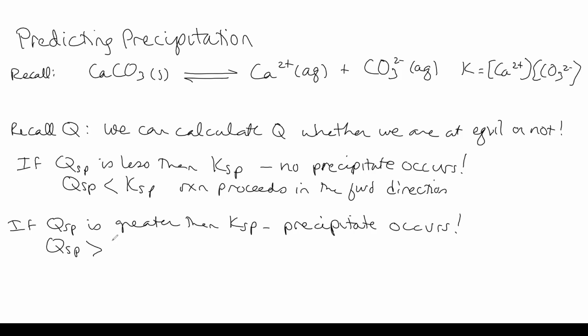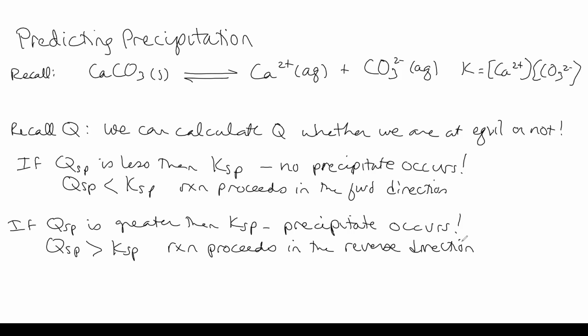QSP is greater than KSP. Reaction proceeds in the reverse direction. So in other words, we are precipitating. Okay, and so we're going to get more of that solid precipitate.